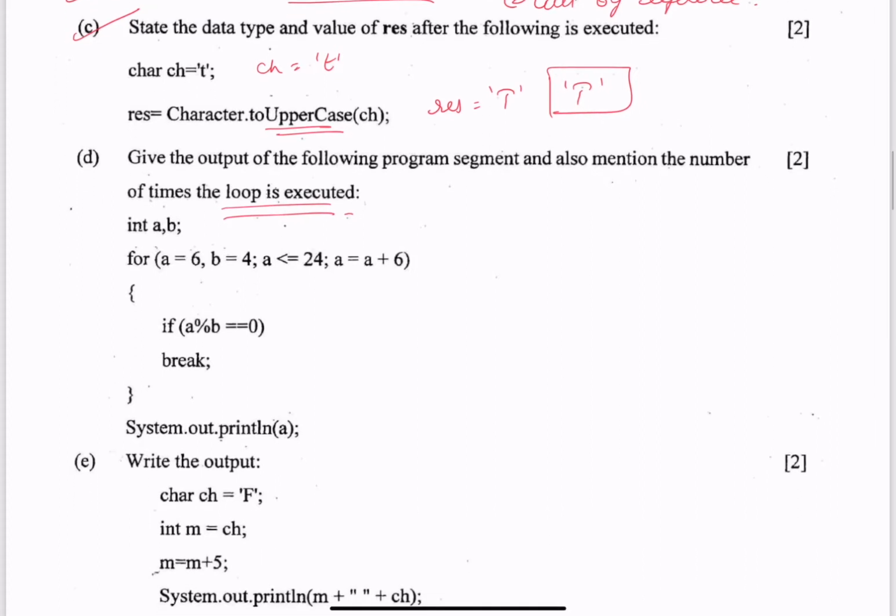So we have a, b, and this is the loop. We have the condition a is less than or equal to 24, and another condition a % b. You start with a as 6, b starts with 4. And the general flow of a for loop is like this.